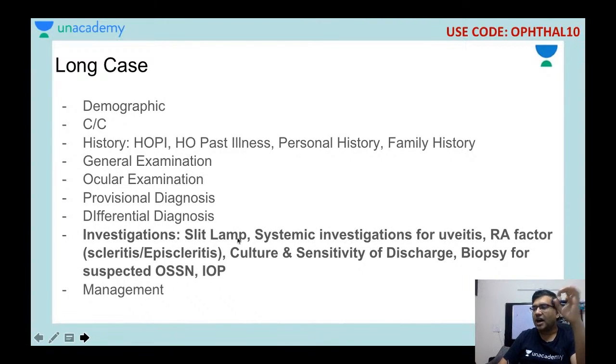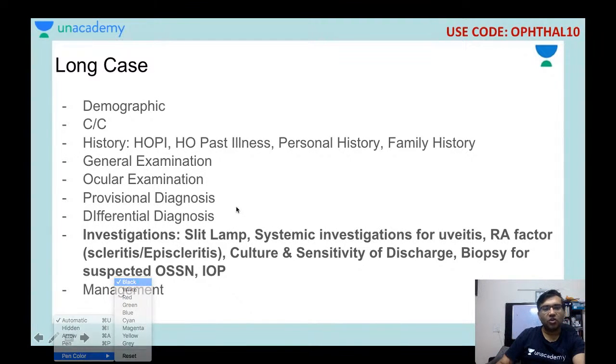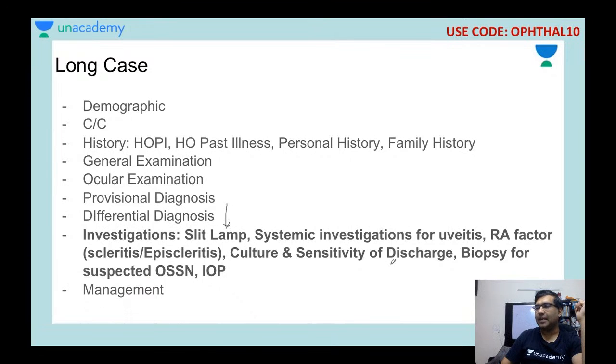Then they would ask how would you investigate the patient? As I told you, you always have to do a slit lamp examination. After doing a slit lamp examination, if you think the patient is having uveitis, you would ask for, let's say, HLA-B27, you would ask for a chest x-ray. Let's say you are suspecting tuberculosis, you ask for the Mantoux test.